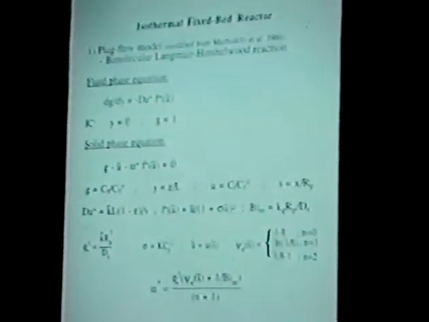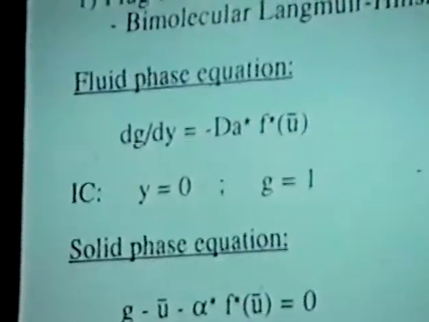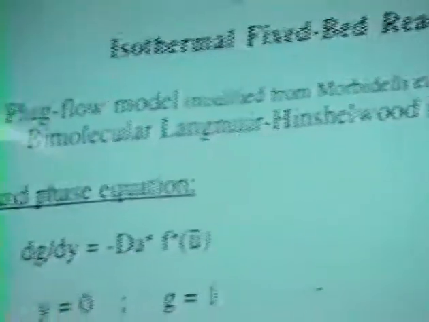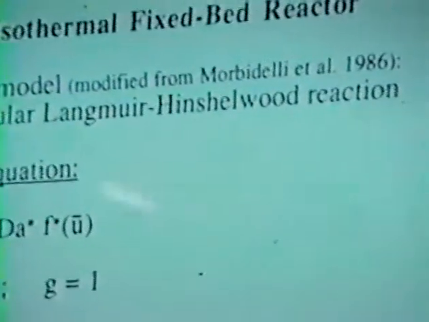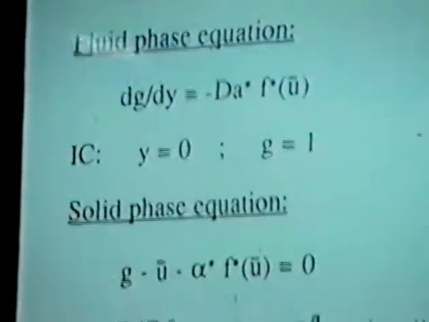I'd like to show you the model that we have for the fixed bed reactor. This is a simple isothermal heterogeneous fixed bed model, where we only use a plug flow model, and the kinetics is Langmuir-Hinshelwood kinetics. In the fluid phase equation, we have convection versus reaction.